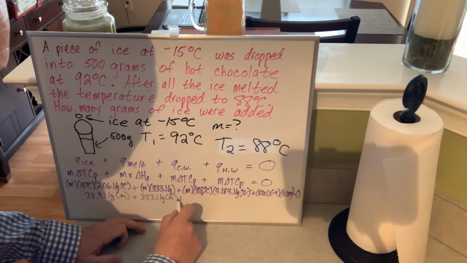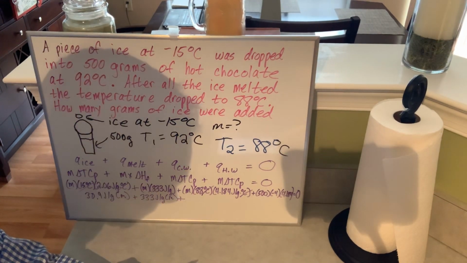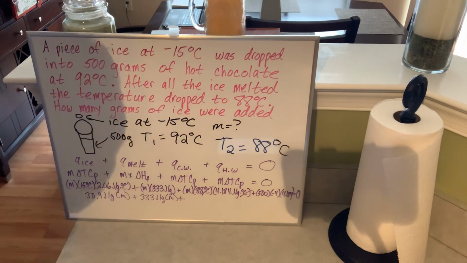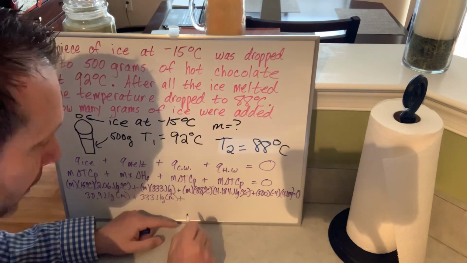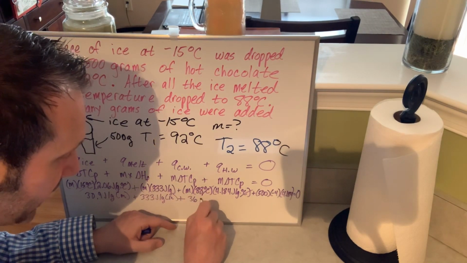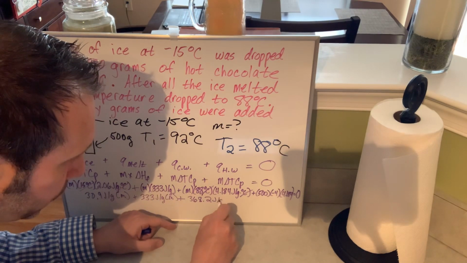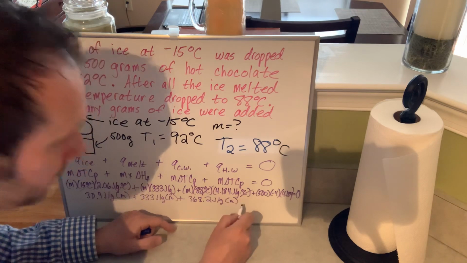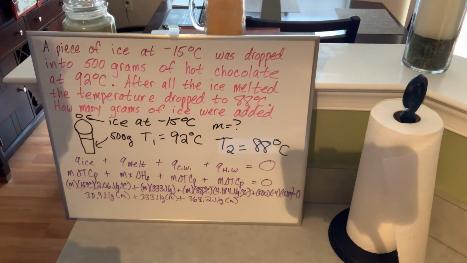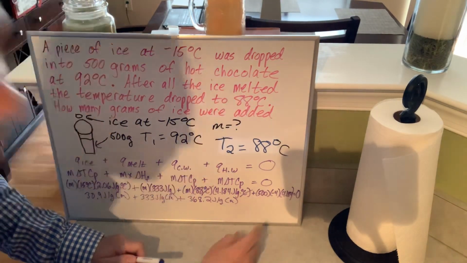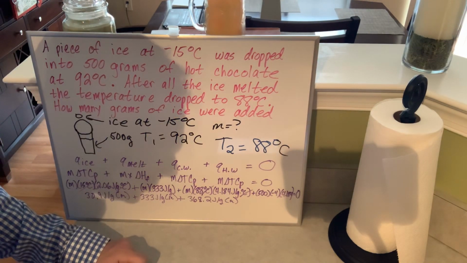Okay. Plus, well, 88 times 4.184. Hold on. I did times 4,184. Is 368.19. I'm going to call it 368.2 joules per gram times M. All right, and this part here is going to end up being negative because I still have plus, but 500 times -4 is going to end up giving me -2,000, right?